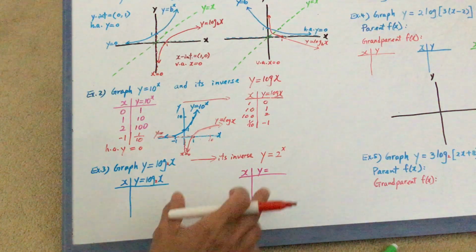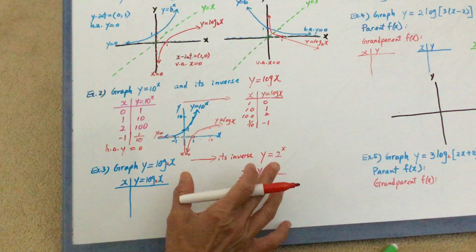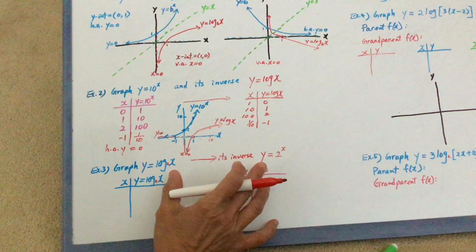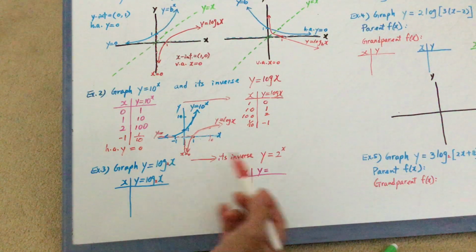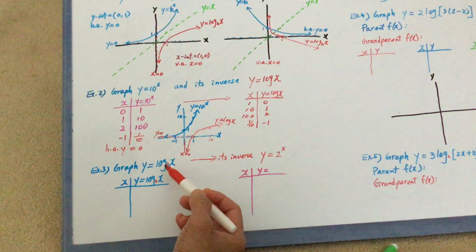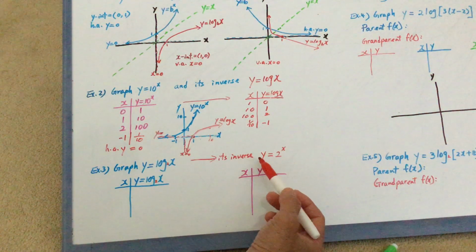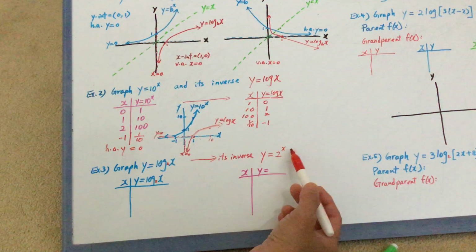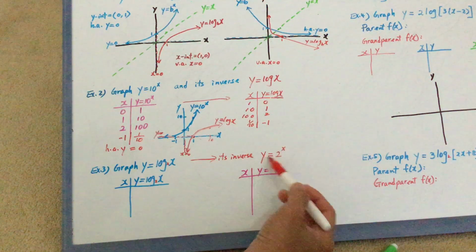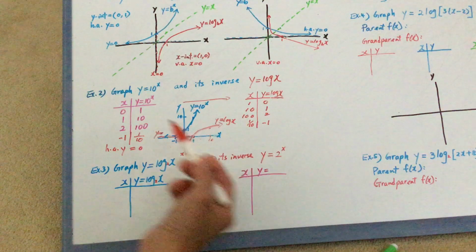Okay, so this is how you can tell the inverse of each other by looking at the base. So if this is the log base 2 of x, then the inverse will be y equal to 2 to the x.